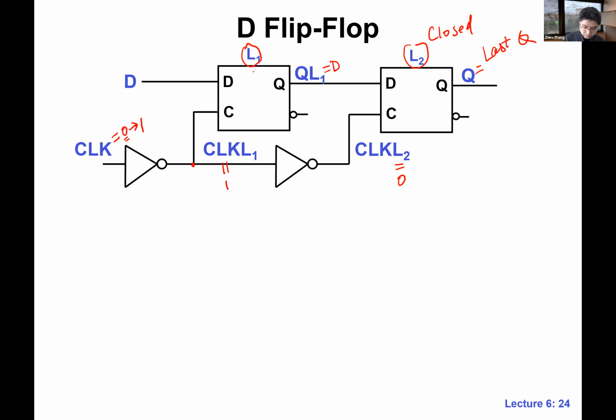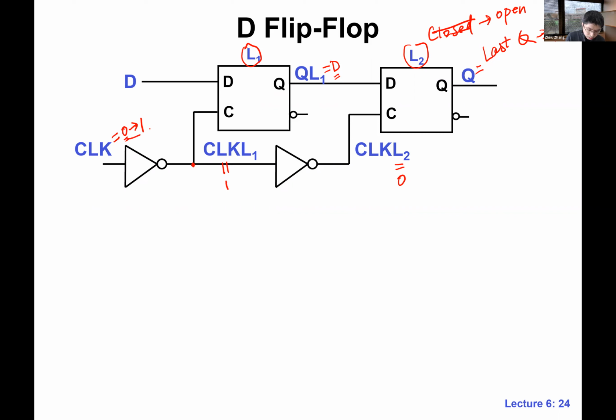So QL1 is still D. Make sense? Latch 1 is closed, so we are holding the previous value. And latch 2 now is open, and this Q becomes D. That's how we get to the second door.